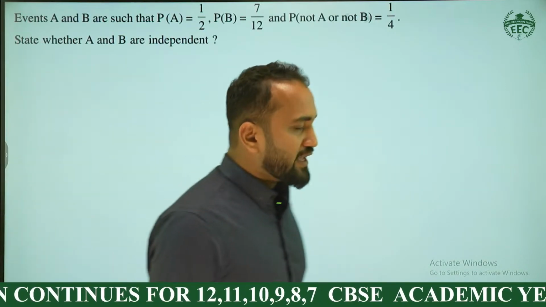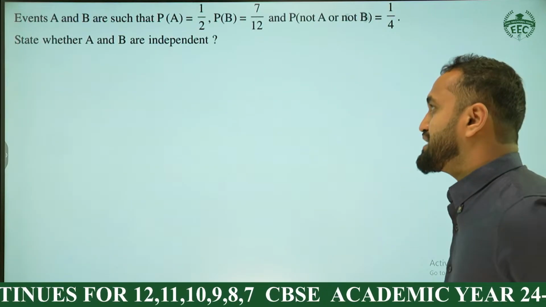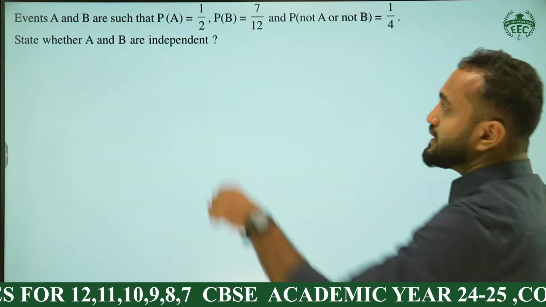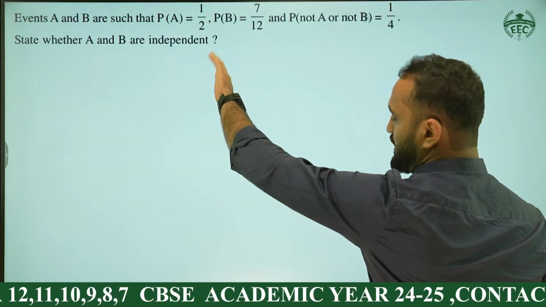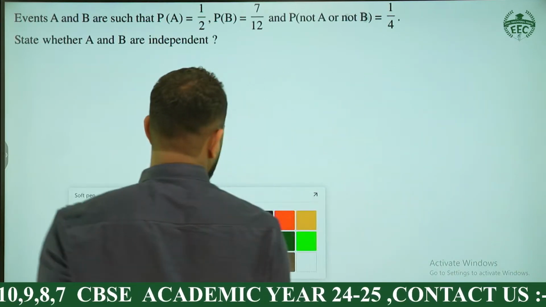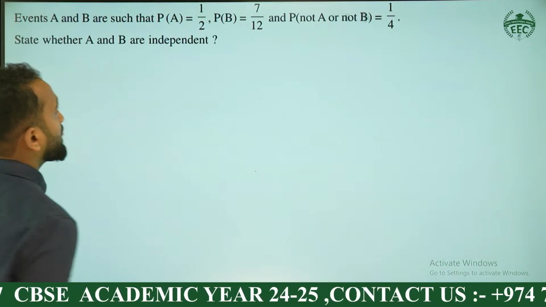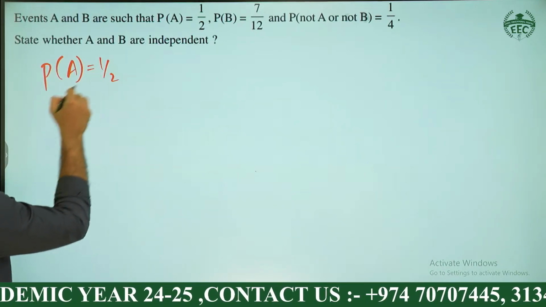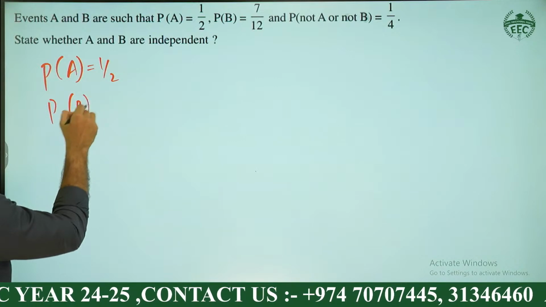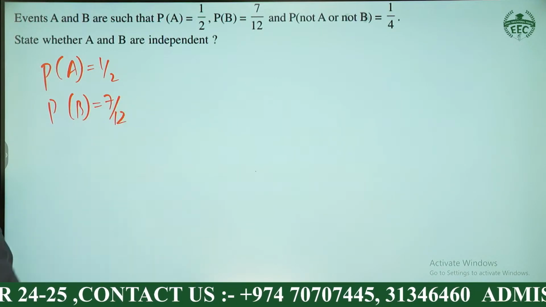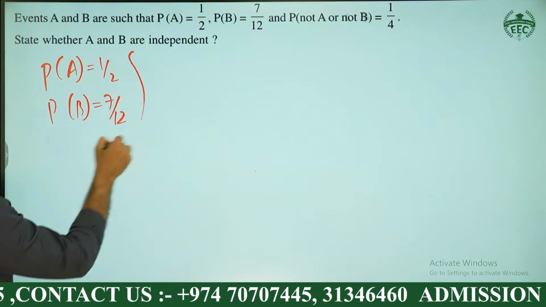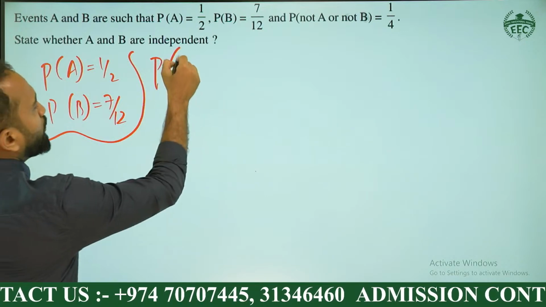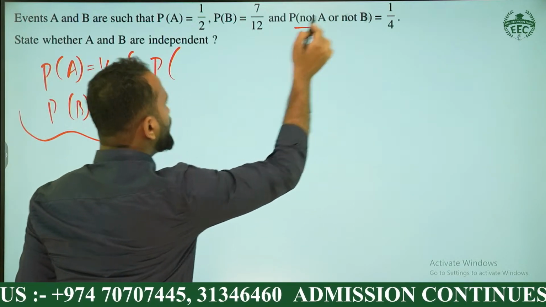Now, once you get that logic, tell me what is the answer for this. State whether two events are independent or dependent. Guys, tell me, what is the rule? It is given that P of A is equal to 1 by 2. P of B is equal to 7 by 12. Now, what is the third rule? They are saying that P of not A, what do you mean by not A?